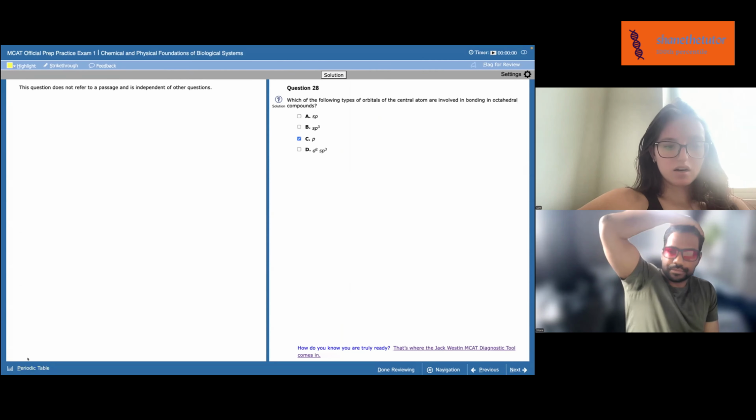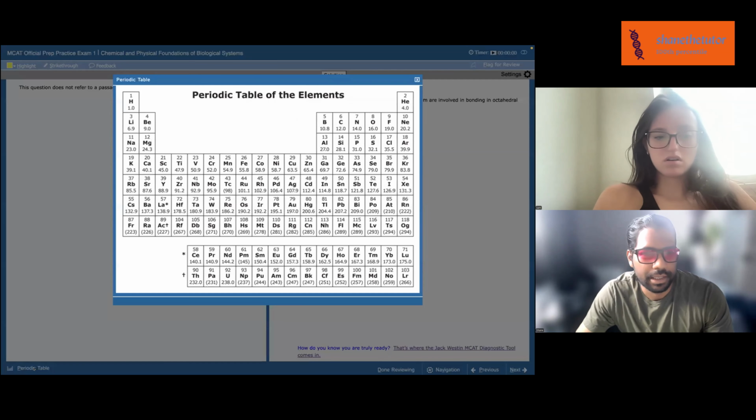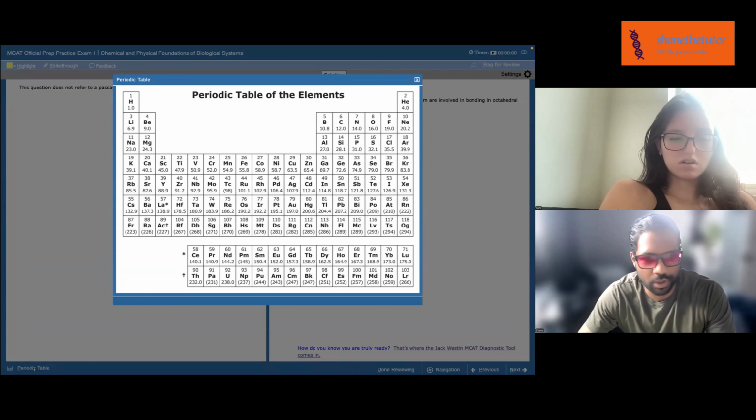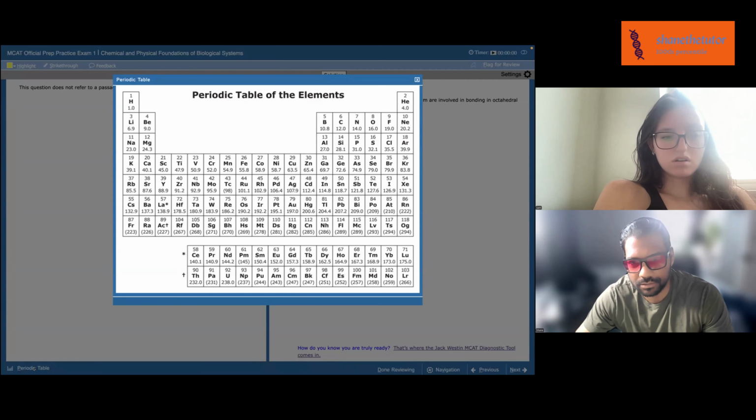Octahedral, is that right? Yeah, that's one of the more complicated bond geometries.